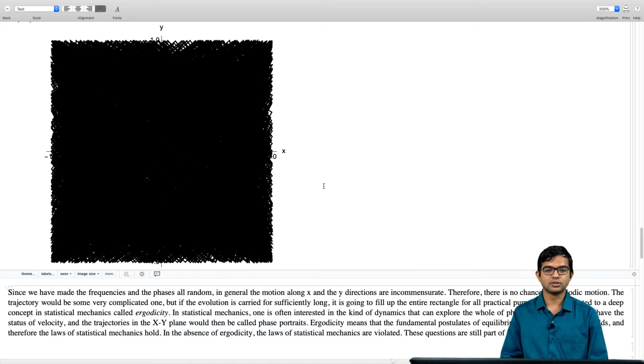statistical mechanics. In statistical mechanics, if you think of this as some kind of a phase space, you are often interested in the question of whether your system is able to explore all of phase space, if a certain dynamics can totally cover the entire phase space, and such systems are called ergodic in nature. This ergodicity is a prerequisite for statistical mechanics to work.